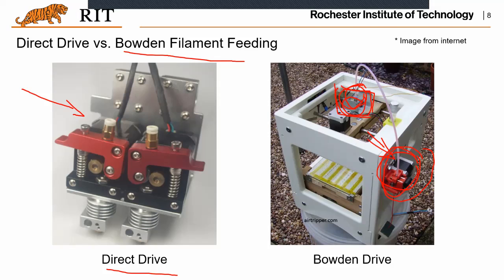That will make the control easier and make the accuracy of the movement higher. And that's a benefit of the Bowden filament feeding. All right. So you can see both of these two feeding or driving systems on different fused deposition modeling printers.